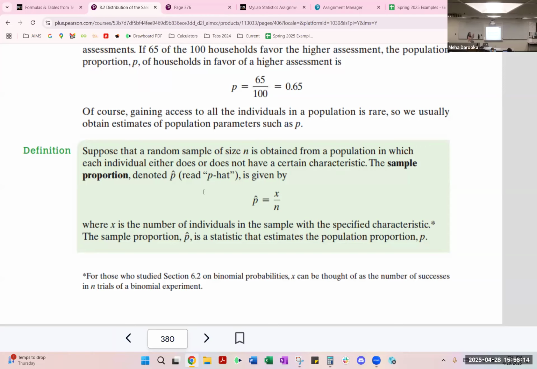You can see we're putting a little caret symbol on top of the P, so that way we know we're talking about the sample proportion. In this case, it's going to be X divided by N, where X will represent whatever characteristic we're looking for, which could be households that are in favor of the higher assessment. And then N would represent your sample size, so you divide by N.